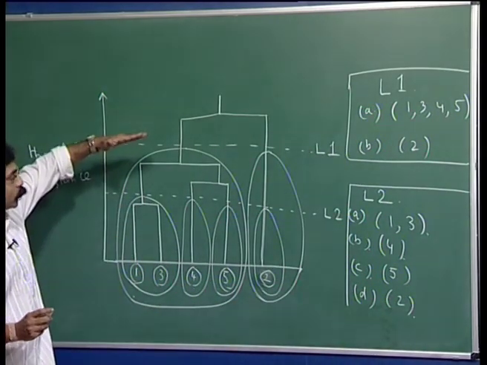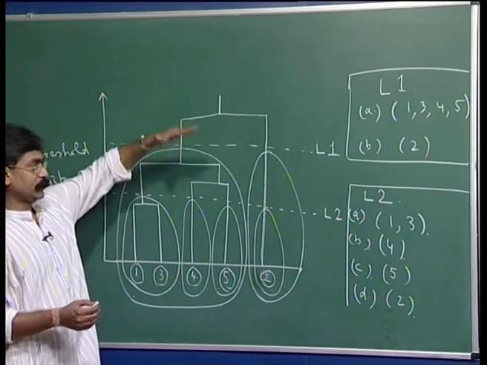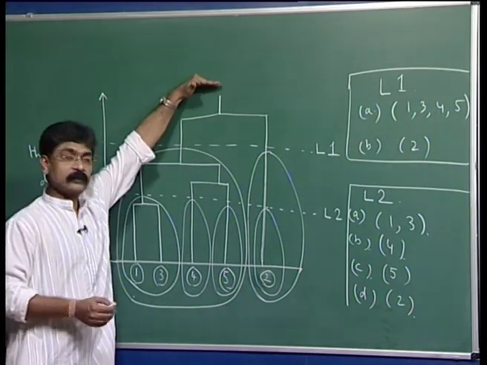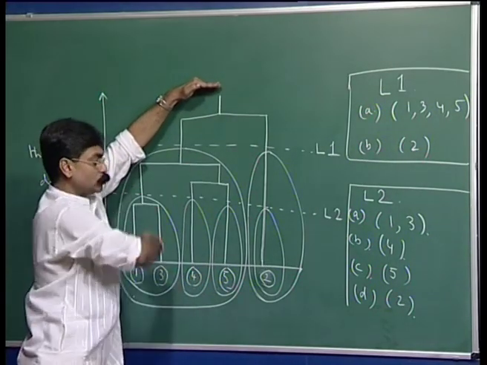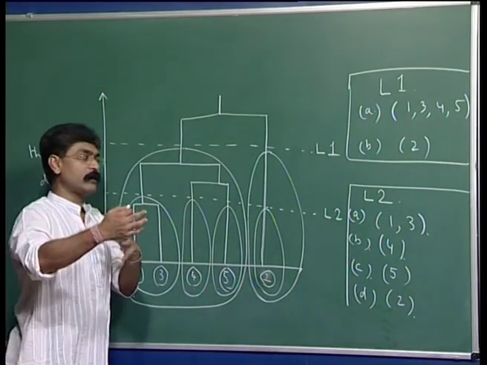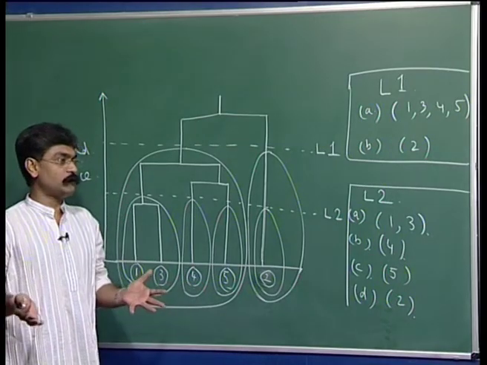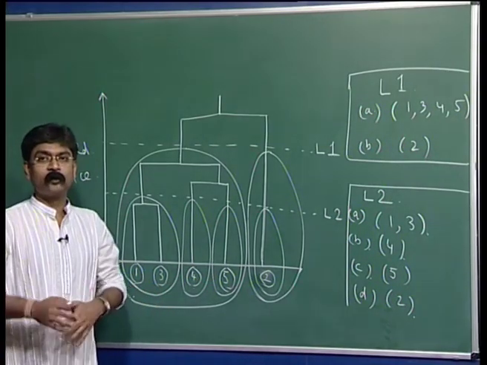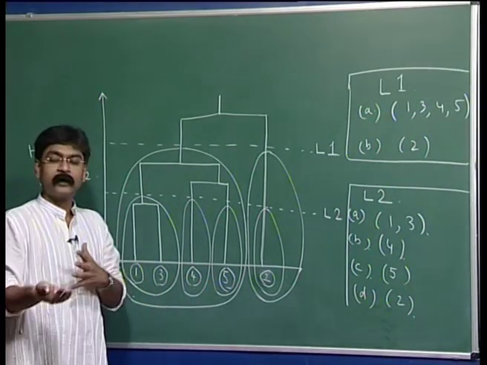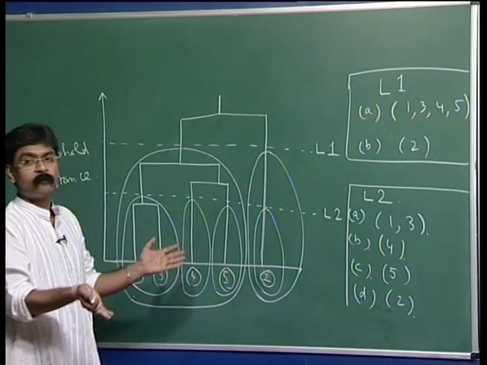Now, if we look at various levels of resolution, if this is the level of resolution, we will say that all the cases belong to one single cluster. That is what I was referring to, that if you look at a heterogeneous group of objects from a far away distance, all the objects would look as if they are similar. So, all of them form one cluster.